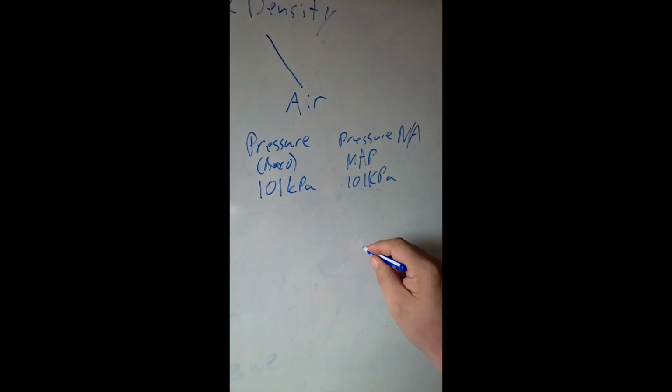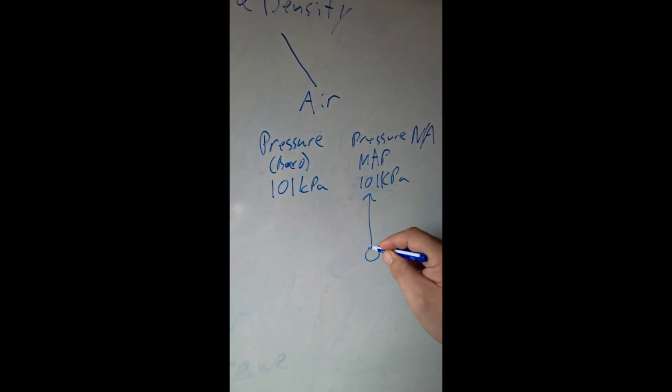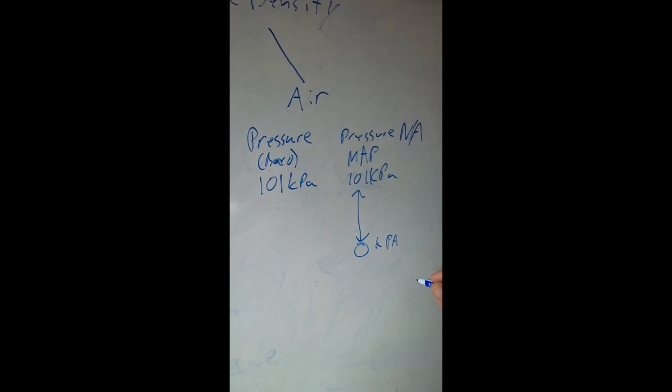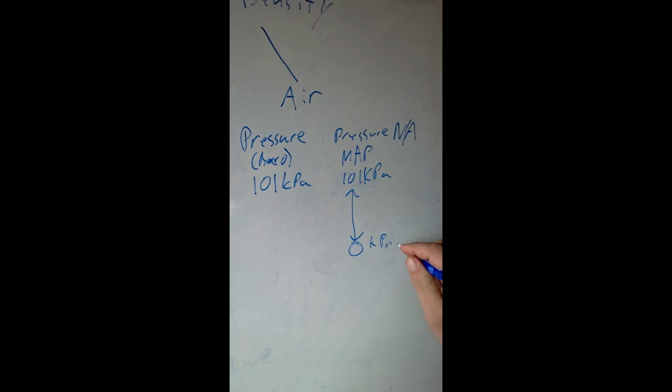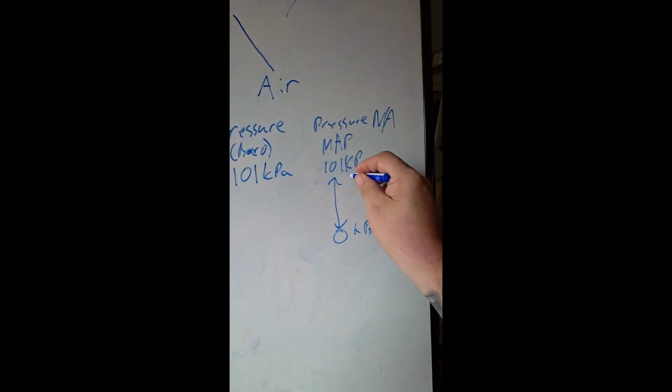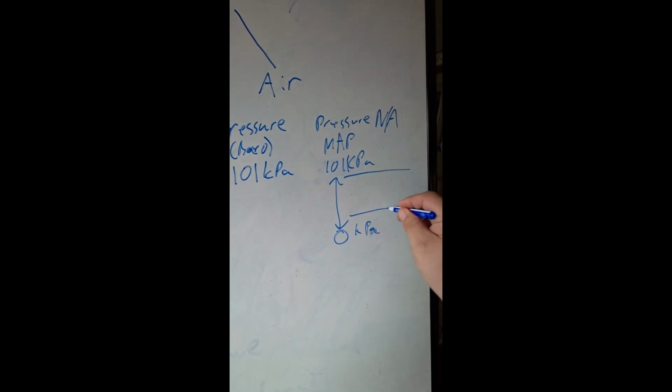And so from 0 kPa, which would be an astonishing amount of vacuum, through 101 is the range my vehicle is going to operate in.